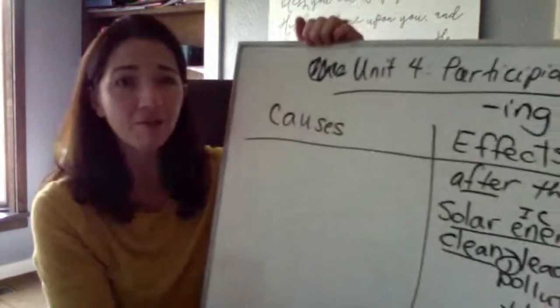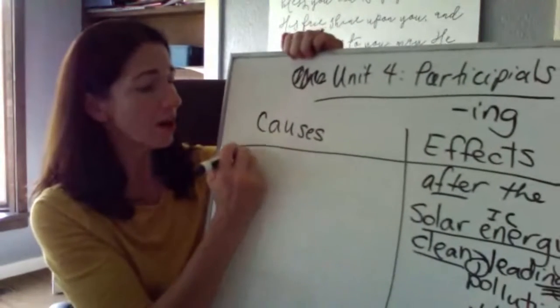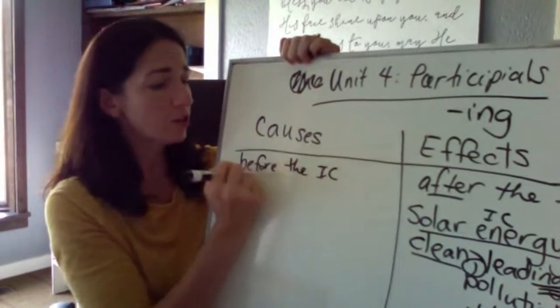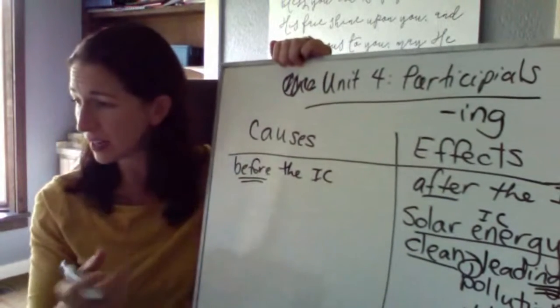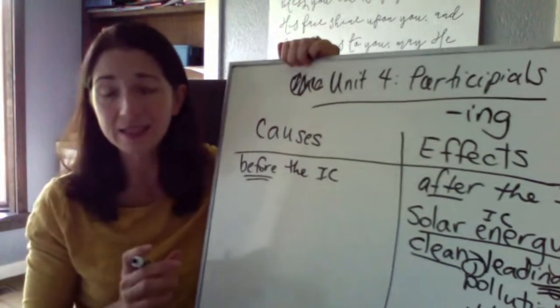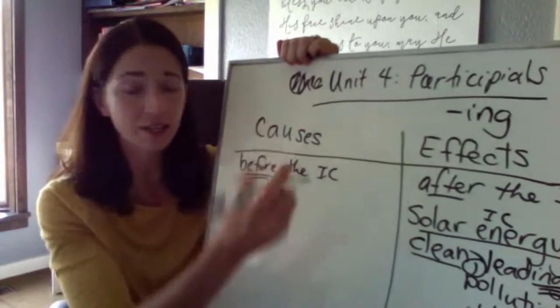Okay, so if the effects phrase comes after, the cause phrase comes before the IC. And so it's showing the cause, what's causing it. These come at the beginning of the sentence. They show the cause leading to the effect.